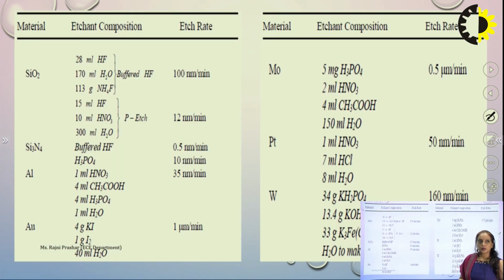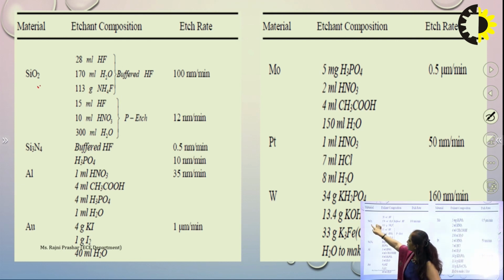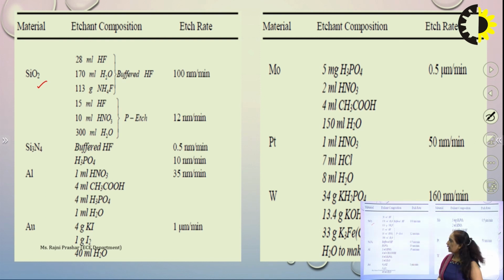In the last slide we can see the materials which we are going to etch, the etchant compositions, and the etch rate at a particular temperature. For example, to etch silicon dioxide, the etchant used will be hydrofluoric acid, water, and NH4F.